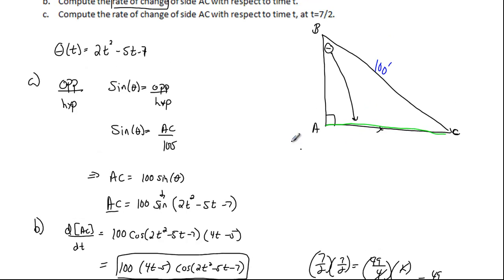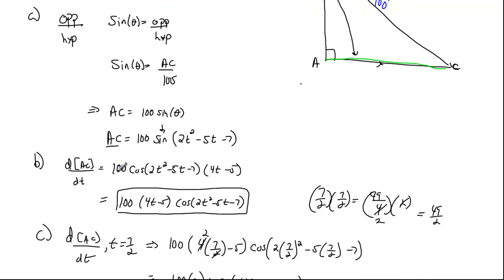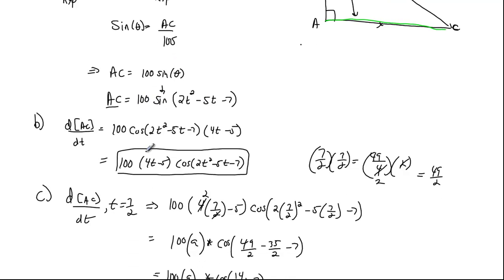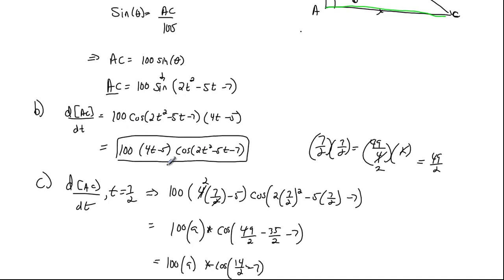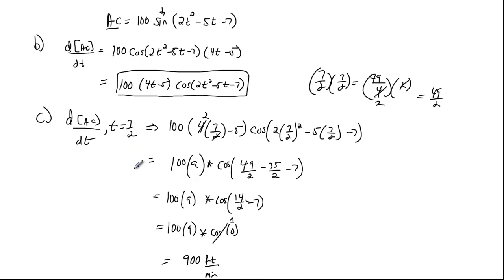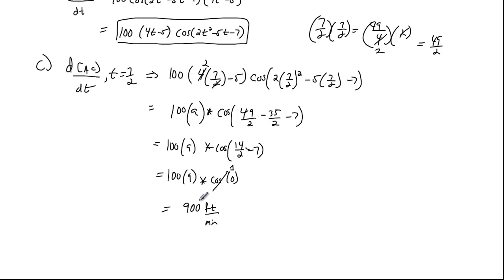We had to draw the triangle and relate our length AC to our hypotenuse and our angle theta. We translated our length of AC in terms of our angle theta, time, and the hypotenuse. We took the derivative, and then we evaluated it at the specific time when t equals 7/2 and found 900 feet per minute.